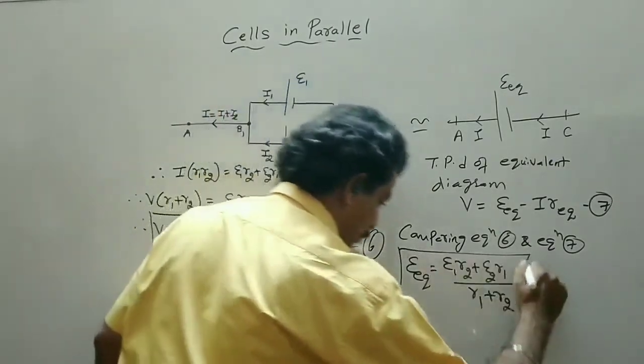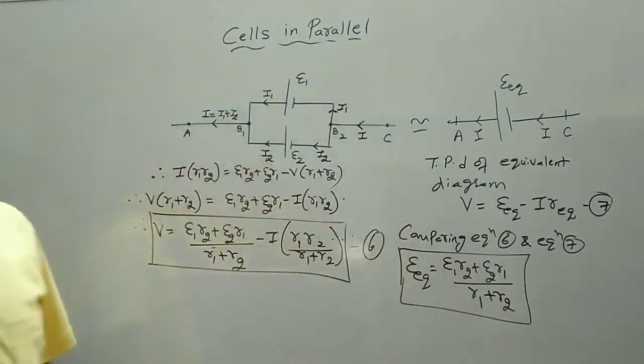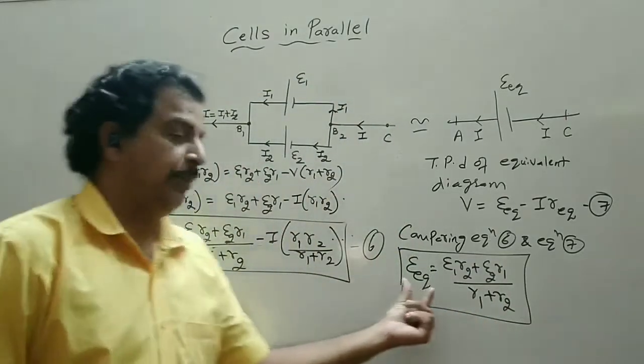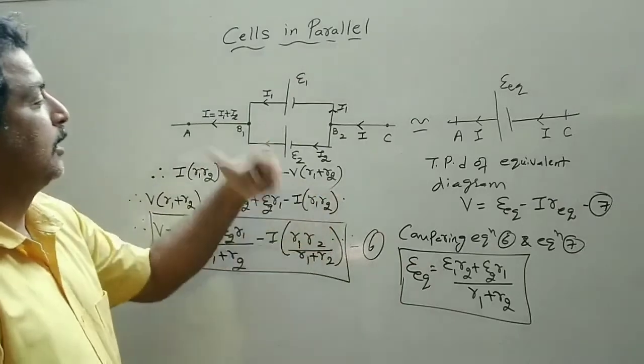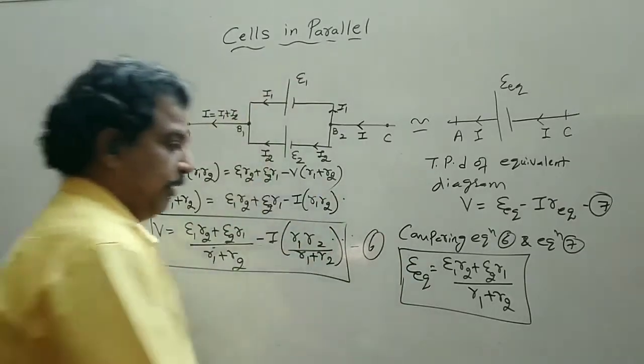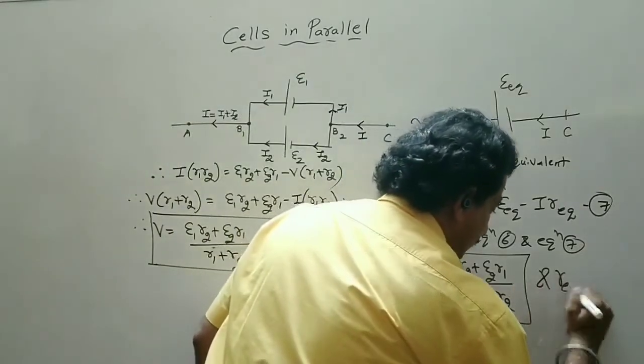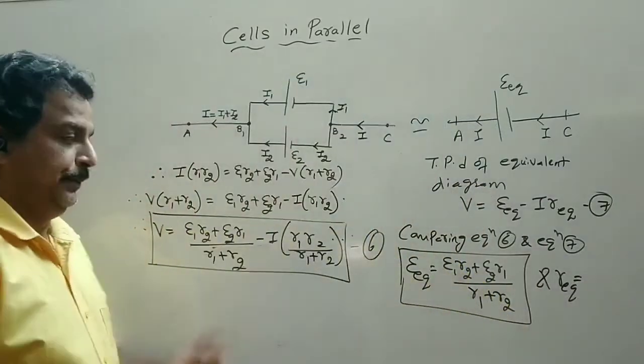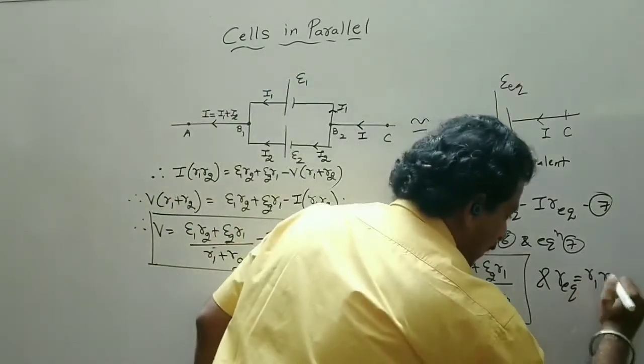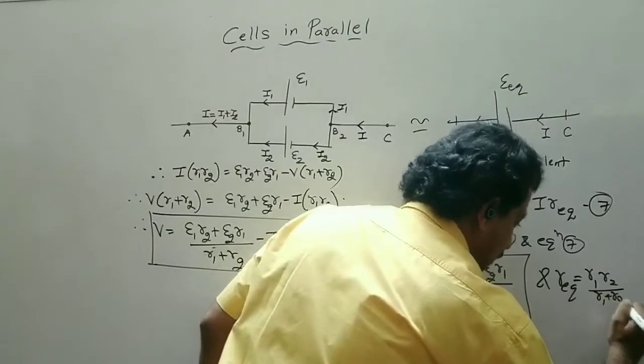So this is how you can remember the equivalent EMF of two cells connected in parallel combination, and R equivalent is equal to R1 R2 upon R1 plus R2.